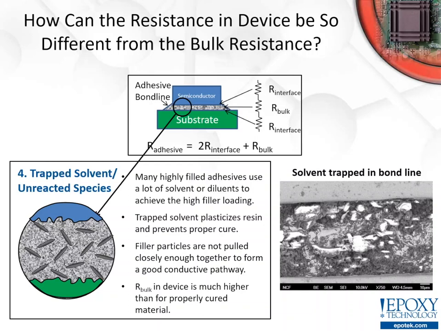You can actually seal that in, which creates this kind of gummy, uncured layer because the solvent ends up sitting within the system and plasticizing the bond line. The filler particles are not fully pulled together like in an ideal case. And in this case, it's not the interface that's being affected, but the bulk thermal conductivity of a closed bond line, which is being affected.